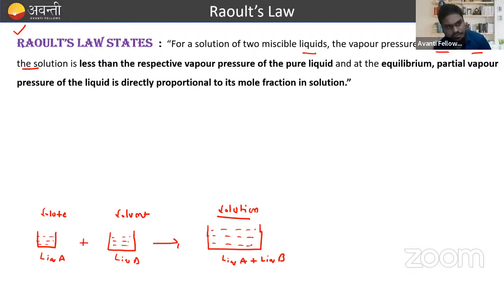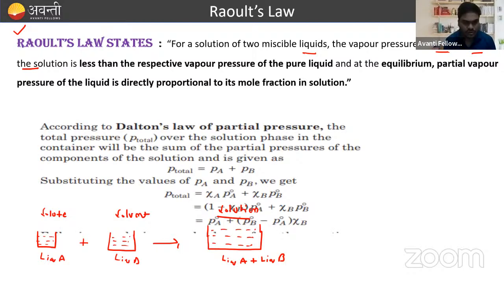For the solution of two miscible liquids, the vapor pressure of each liquid in the solution is less than the respective vapor pressure of the pure liquid, and at equilibrium, the partial vapor pressure of the liquid is proportional to this, right? So this is how we'll write Raoult's law, right? So let's see how we mathematically derive Raoult's law.